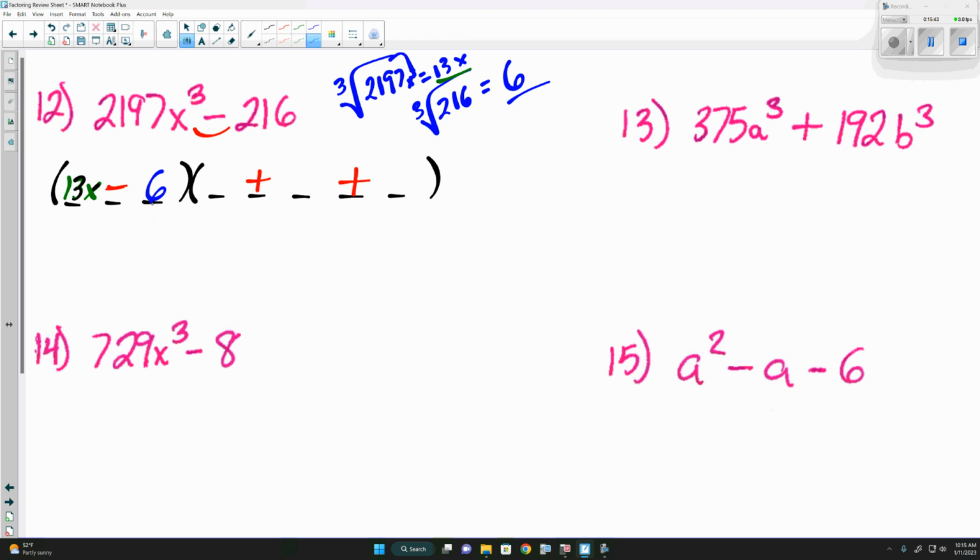Now in the second set of parentheses, our first term is going to go square first. So the first spot is going to be 13x squared, that first term squared. In the middle term, it's going to be to the first power. And in the last term, it would be to the 0 power. Anything to the 0 power is 1.